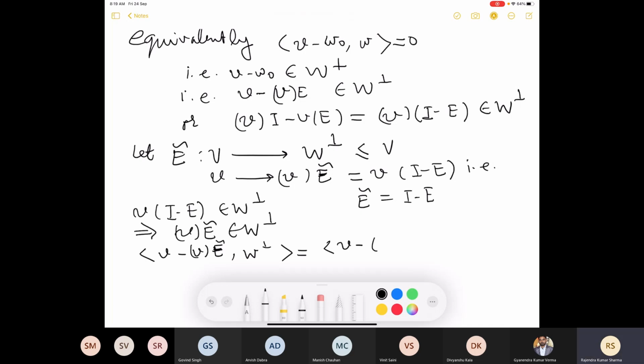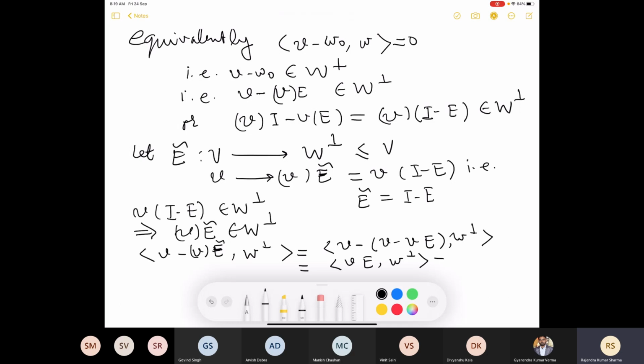For V tilde, you can write V minus VE, inner product with W orthogonal, and V cancels with V. So this is VE inner product with W orthogonal.